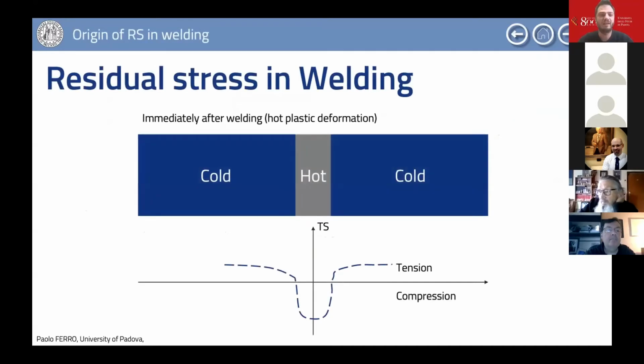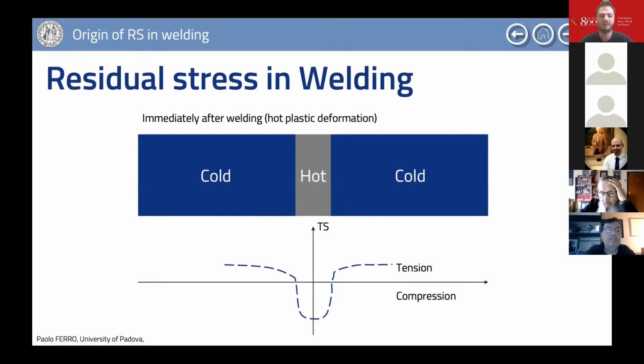So let me spend a few words regarding how residual stresses in welding arise. I prepared this schematic view in which you can see a butt welded joint, a very simple butt welded joint, so the cross section of a butt welded joint immediately after welding.